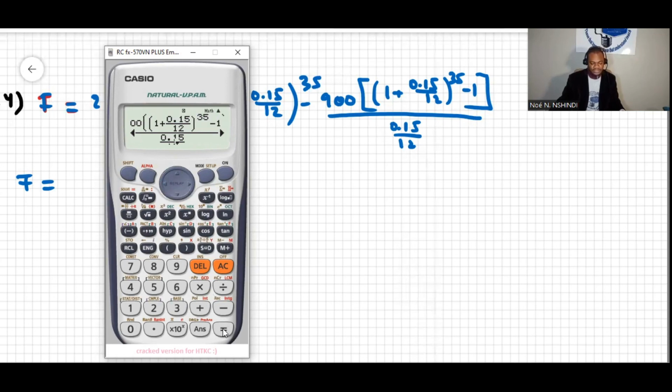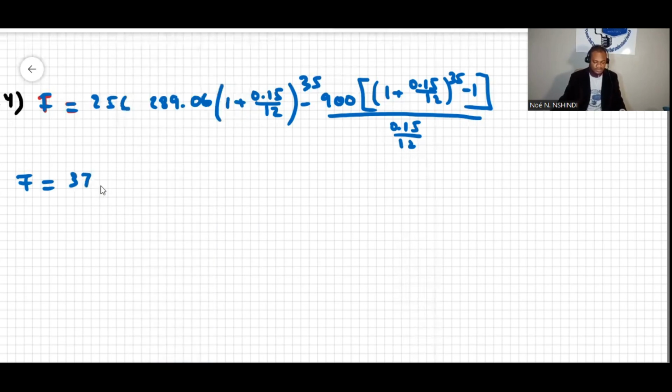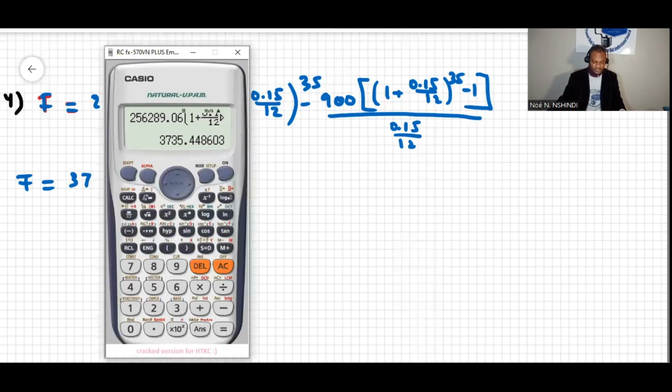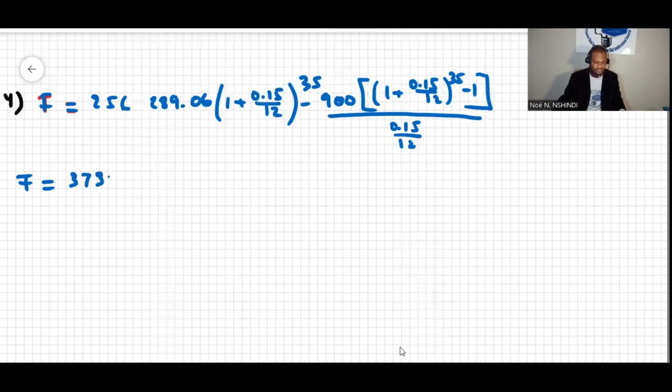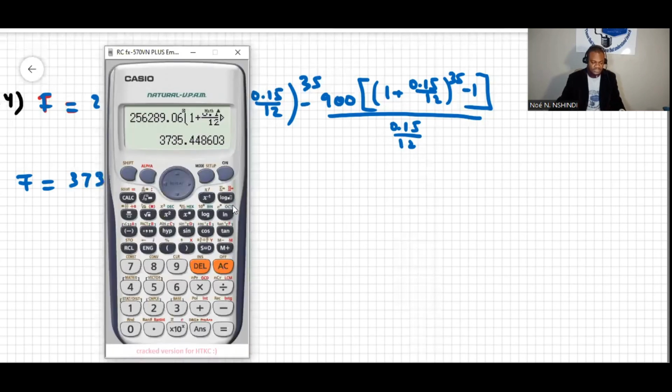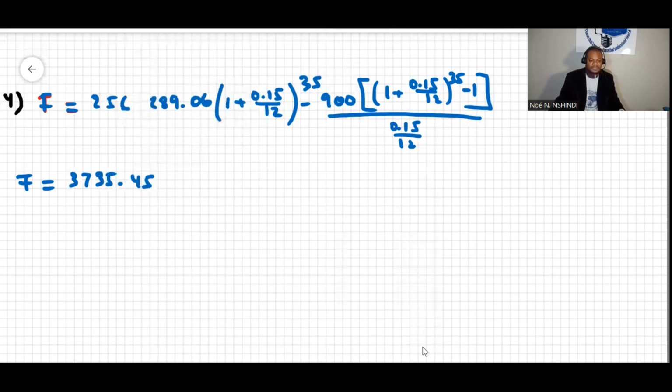Yes, now it's correct. Now when we hit equal, we got 35.45 rand. So this is the final balance, the final installment actually, or the balance. Thank you.